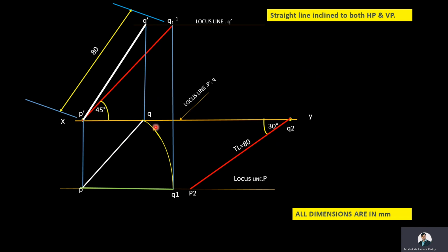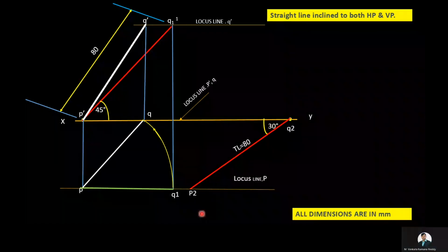And the other end of the line, say Q, is on VP. So its top view falls on the XY line. That means the given condition is satisfied in this solution. Then the true length of the line is 80 mm. That is, all dimensions are in millimeters.